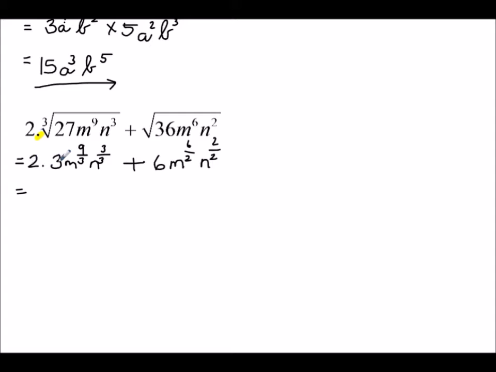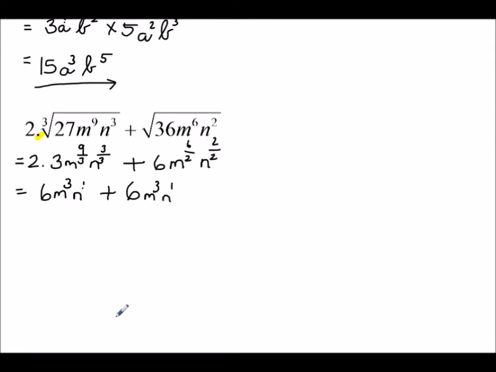Right, now I can multiply these two together. 2 times 3 is 6. 9 over 3, well 3 goes into 9 3 times, n to the power of 1, or just n, plus 6. 6 divided by 2 is 3, so I've got m cubed, n to the power of 1.